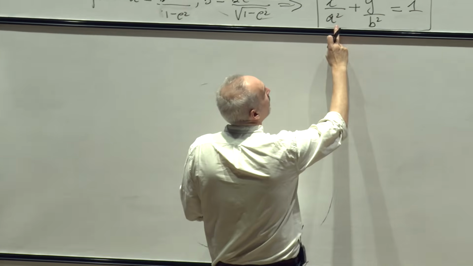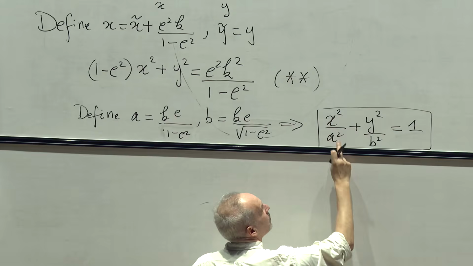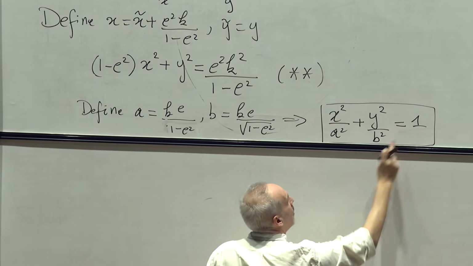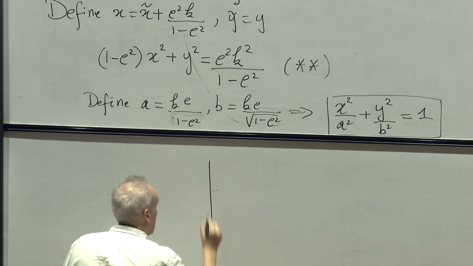You see that when y equals 0, x squared over a squared equals 1, so x equals plus or minus a.